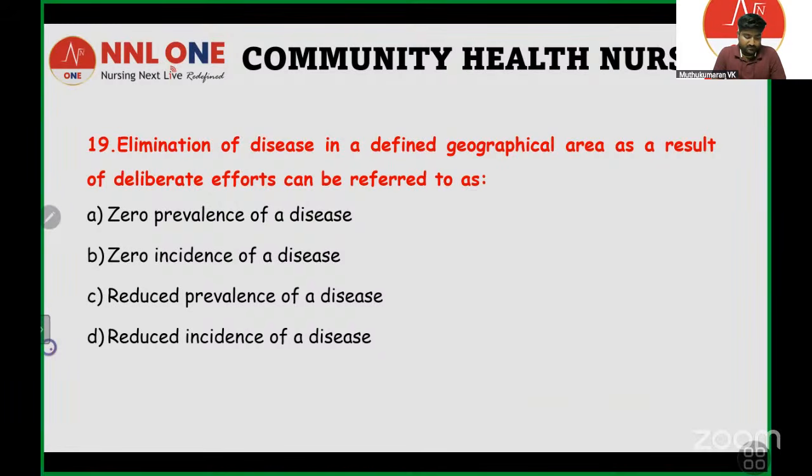It is zero incidence of a disease. When the word elimination comes, in the sense, the complete disease has been eradicated. Okay, eradication is totally different. Elimination is there are no new cases. Already there will be prevalence, but elimination of a disease is zero incidence of a disease. So that is called elimination of a disease.